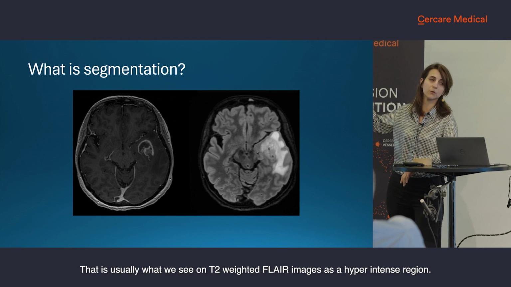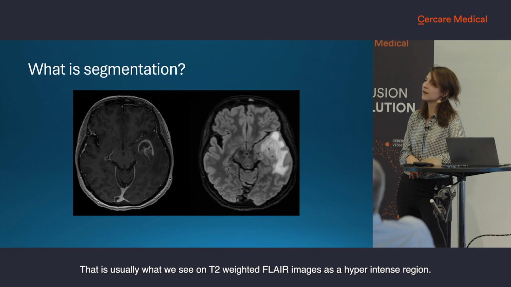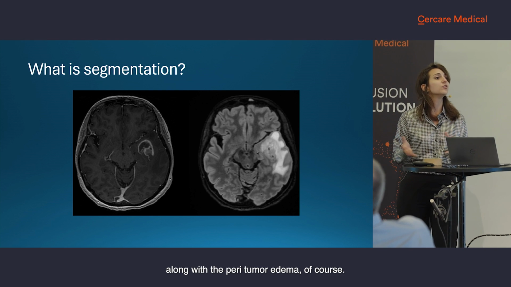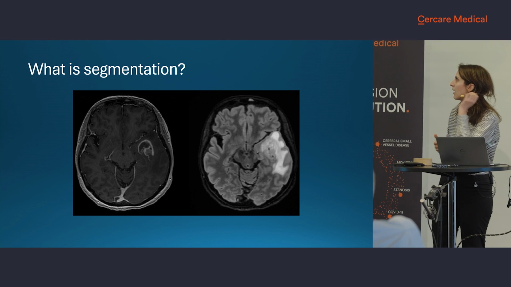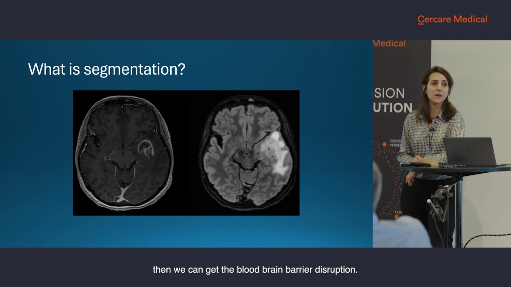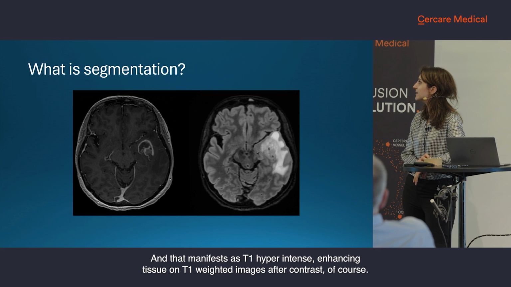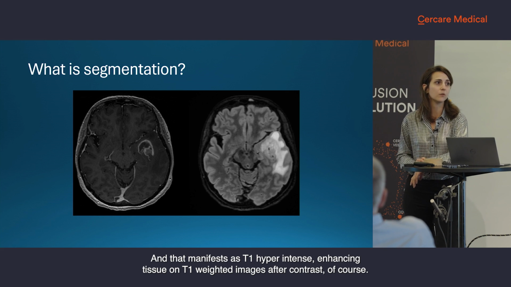That is usually what we see on T2 weighted FLAIR images as a hyperintense region, along with the peritumoral edema, of course.